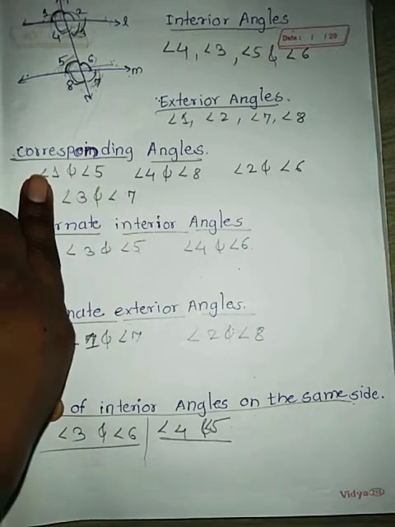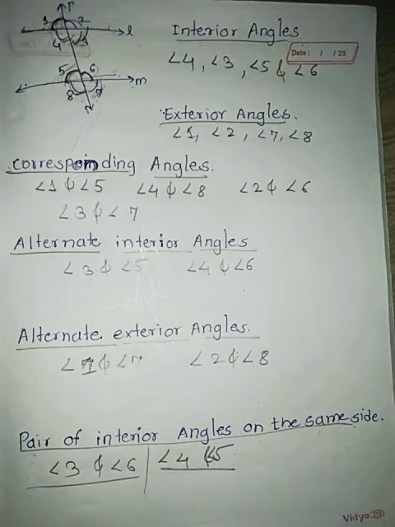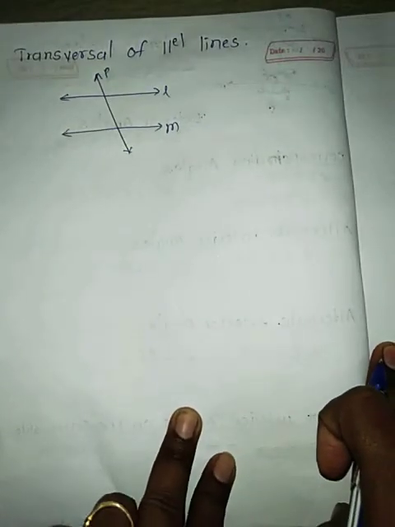Here we discussed interior angles, exterior angles, corresponding angles, alternate interior angles, alternate exterior angles, and pair of interior angles on the same side. The next point is transversal of parallel lines.